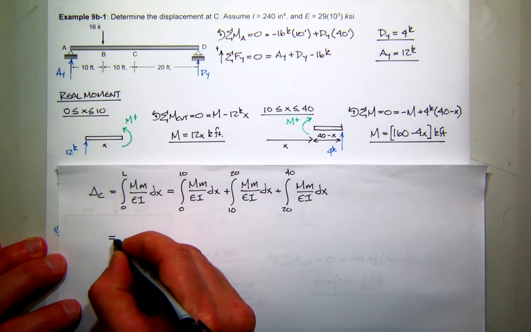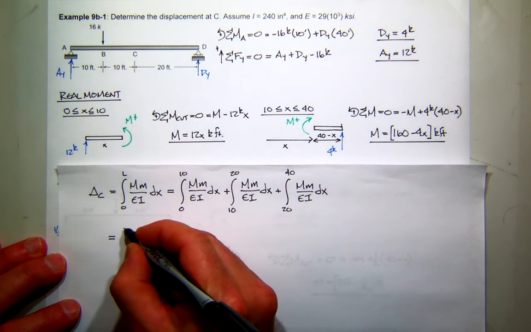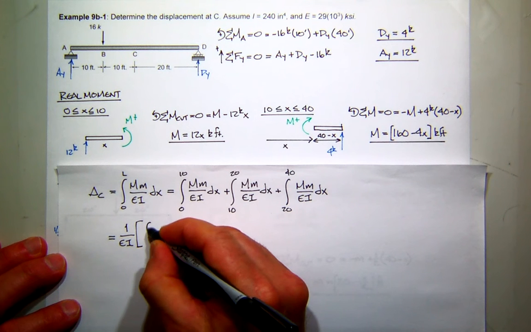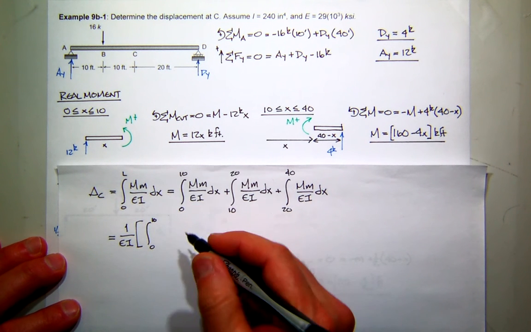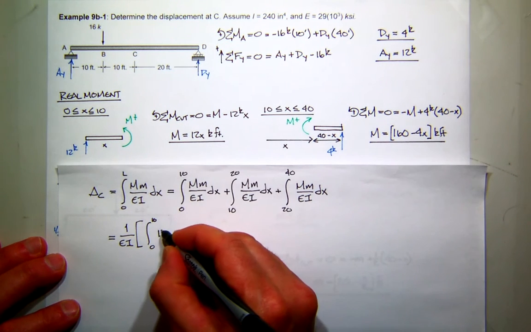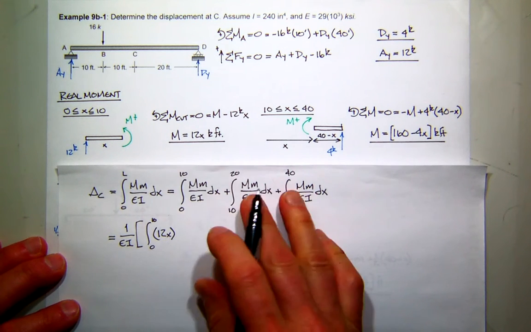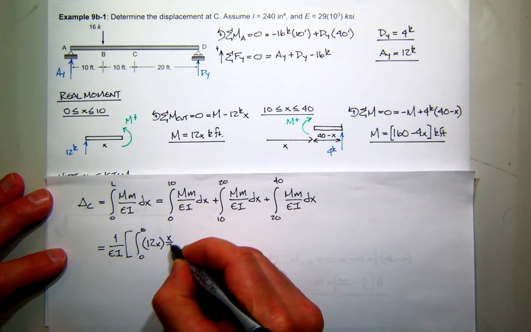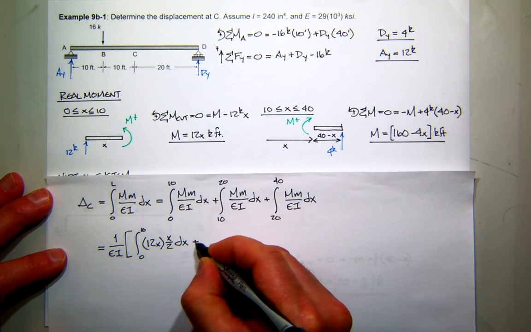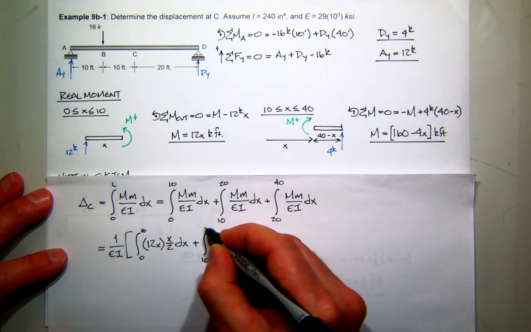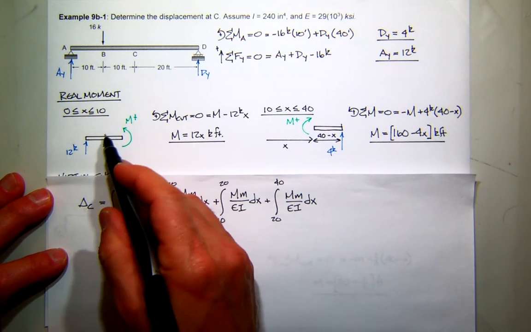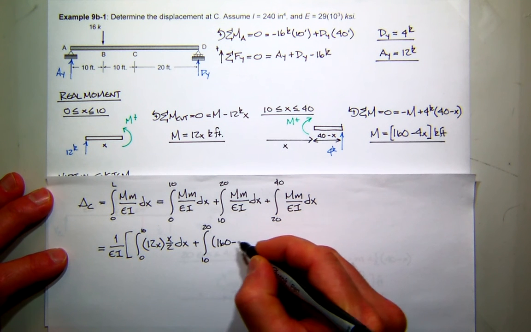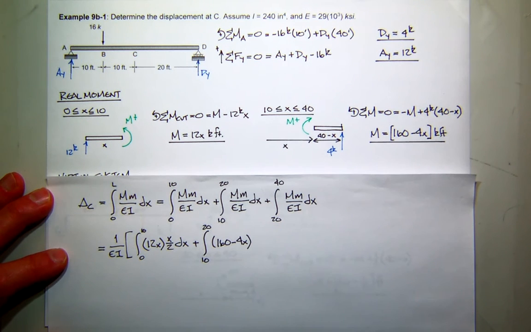So I'm just going to go ahead and fill in the blanks and then we'll stop. Just to save some time, I'm going to factor out that 1 over EI. So I'll have the integral from 0 to 10 of my real moment, which is 12x, and my virtual moment is x over 2. And then from 10 to 20, I have to switch to this real moment, which is 160 minus 4x.